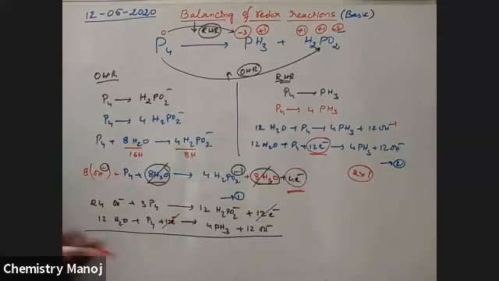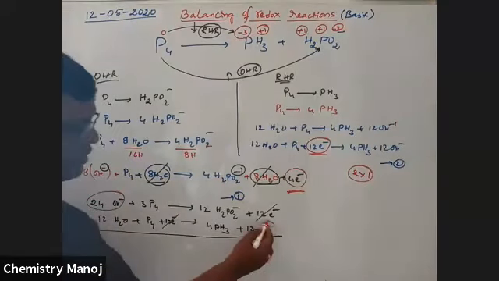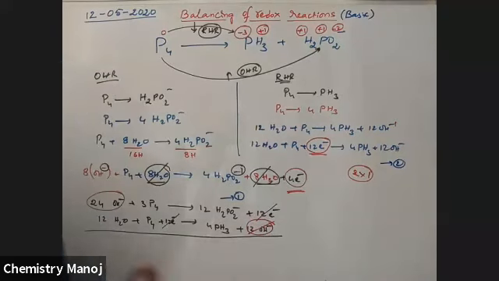For that purpose only we equalize electrons. So now here 24 OH on LHS, here 12 OH on RHS. Cancel this one, so 24 minus 12, only 12 is remaining.